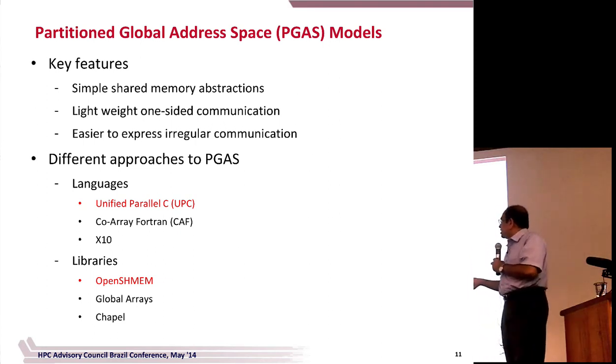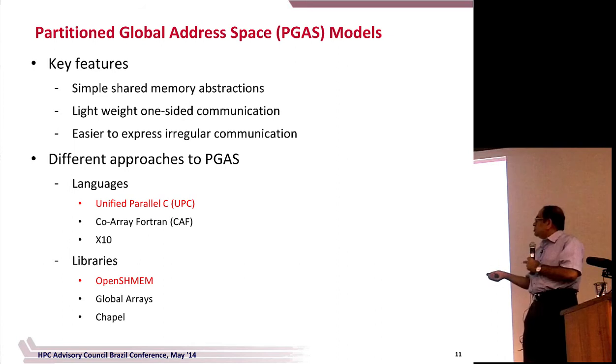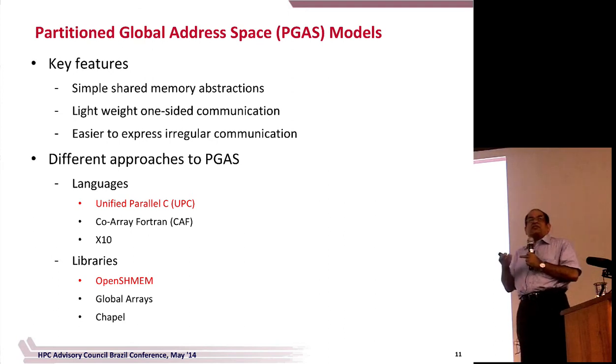And this is where these PGAS models come to help, and I will show you some concrete examples later on of how you can exploit these kinds of features in PGAS to get very good performance. So in that context, there are different approaches happening, like on the language side, with support from the compiler, there is a lot of work going on. I will touch a little bit on UPC. Similarly, from the library side, there are also different solutions coming up, and I will touch a little bit on OpenSHMEM.